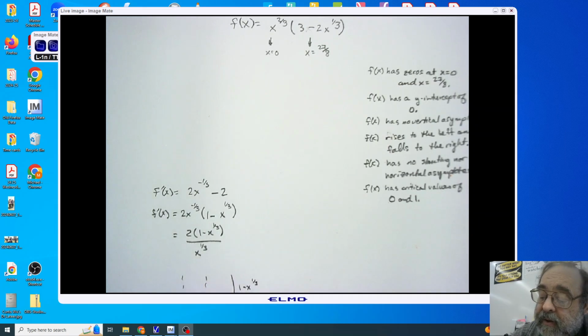Now keep in mind, if the 2 had a negative coefficient, I would have to account for that. And then we have 1 over x to the 1/3. Again, using test values, I now have f of x has a relative minimum at 0.